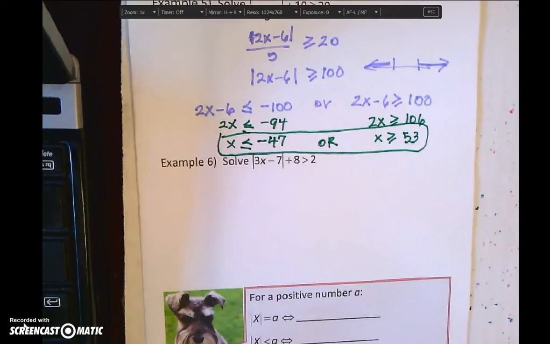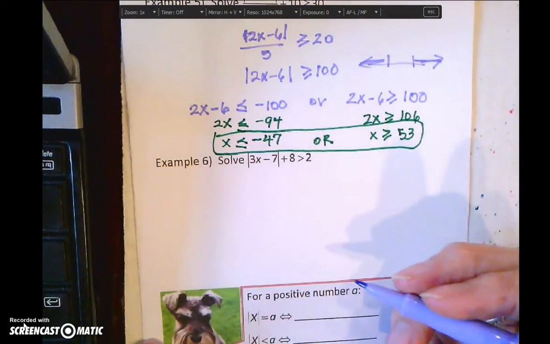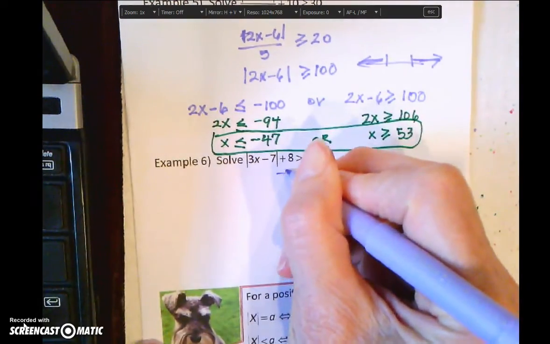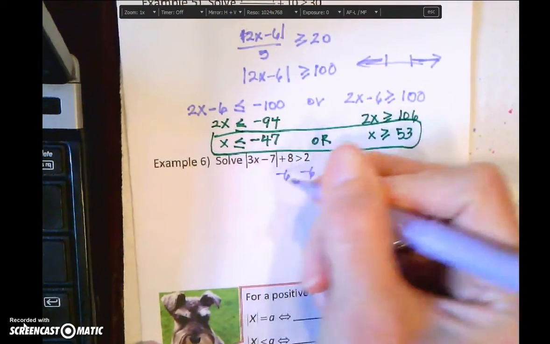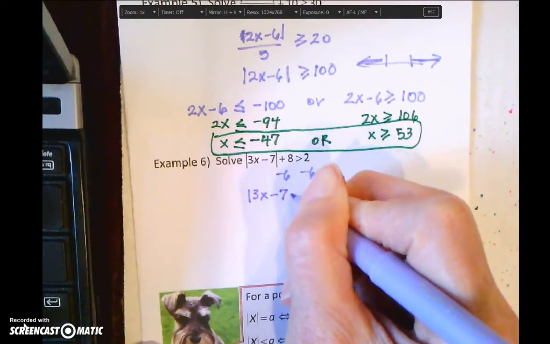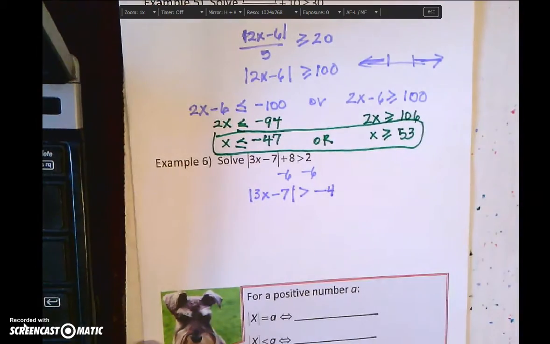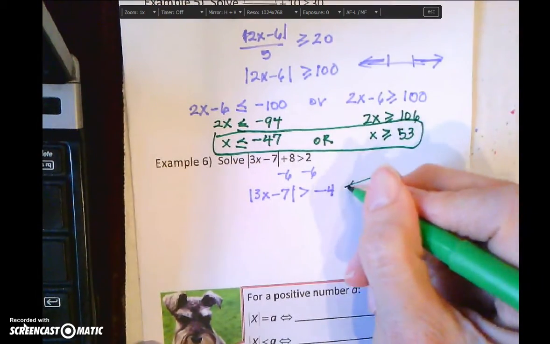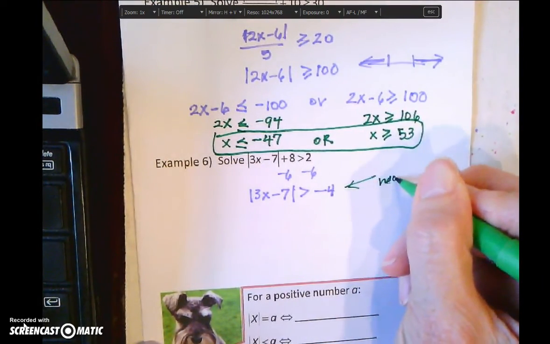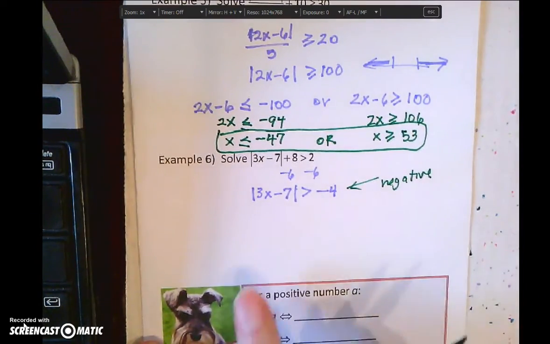One last example, example 6, we're going to solve absolute value of 3x minus 7 plus 8 is greater than 2. I'll begin by isolating and subtract my 8, and that's going to leave me with the absolute value of 3x minus 7 is greater than negative 6. So here I see that my a is negative, so that doesn't fit the beginning case.